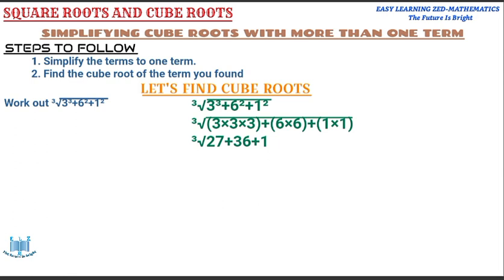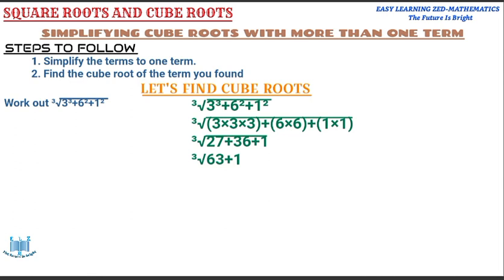Now the next thing we need to do is add these numbers, keeping them in the cube root. 27 plus 36 gives us 63.